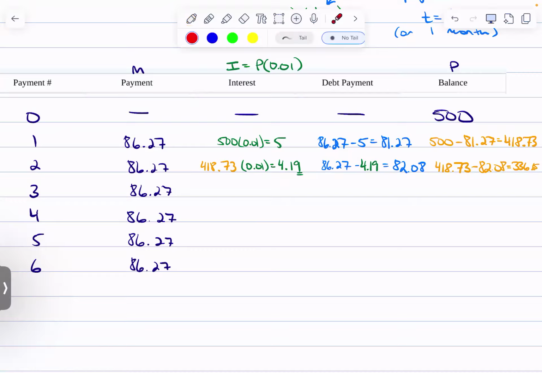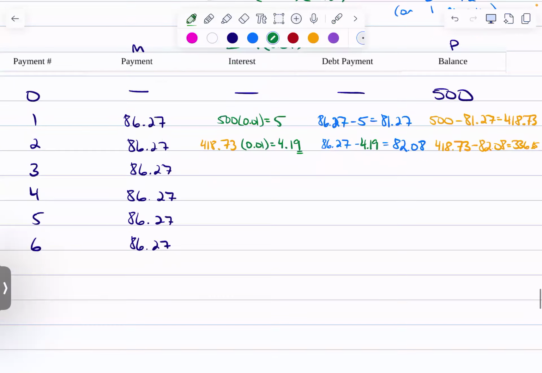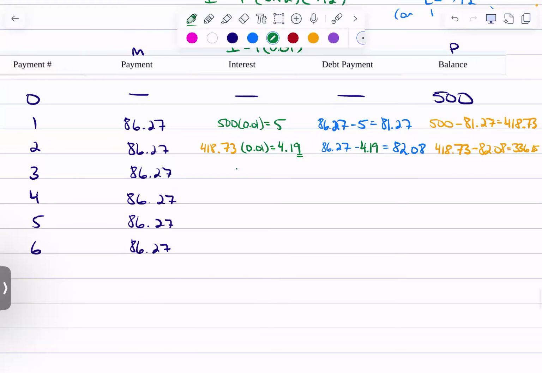So now, what do you have to do? Now you have to take 336.65 times 0.01, and make sure you round to 2 decimal places. So I get 3.37, because it's 3.3665, but I'd have to round up to 37 cents.